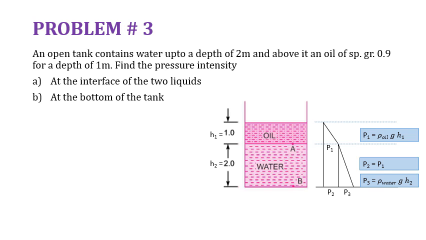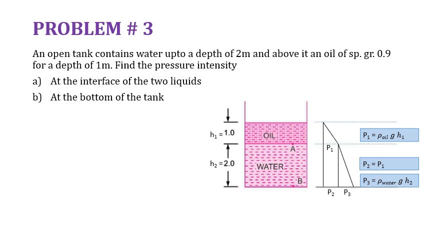Now the pressure distribution for this layer, this vertical line represents the 0, 0, and I start with the free surface layer of oil, and the pressure increases linearly, and this base pressure is given by P1. This P1 pressure would be equal to density of the oil into g into H1. H1 is its height.